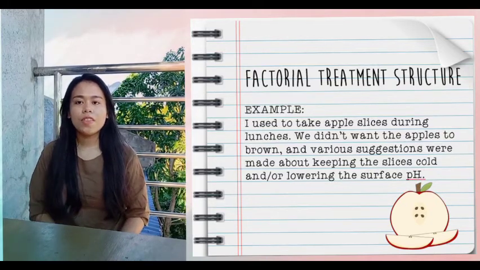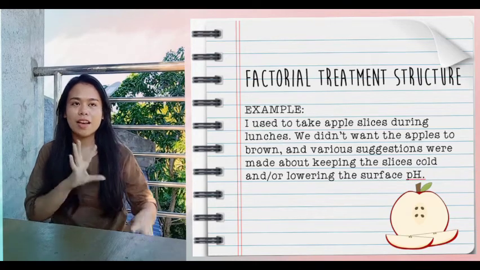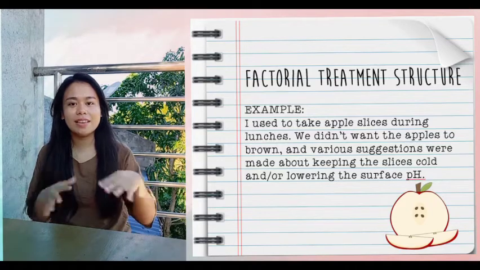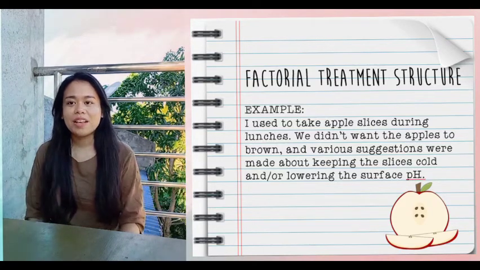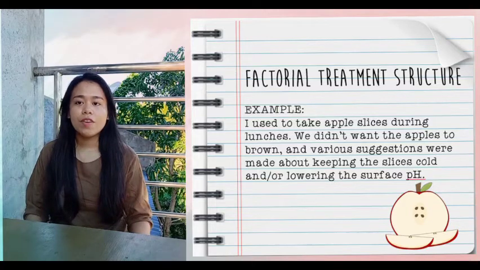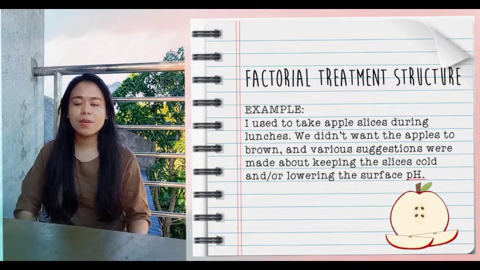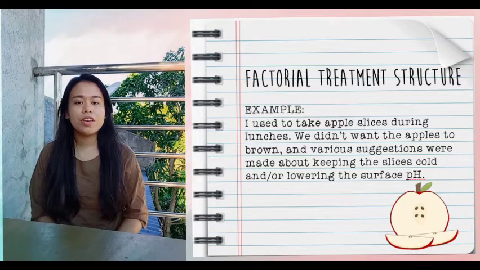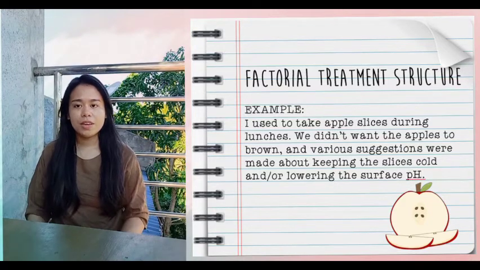We didn't want the apples to brown, di ba? Kay ang apple ma-brown siya kung imong i-slice then ibilin lang nga open. And various suggestions were made about keeping the slices cold and or lowering the surface pH levels. Mao na siya ang situation.